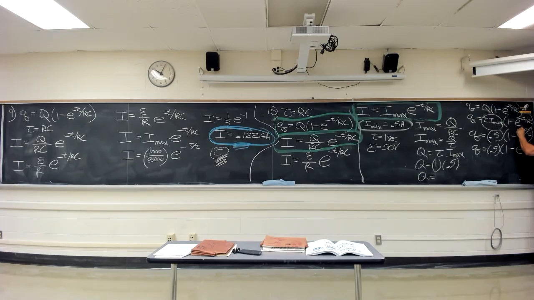So it's negative right here, negative right here. 2 tau divided by tau is 2, so there's a negative 2 right here. You grind this thing out, and you get 0.4323 coulombs.